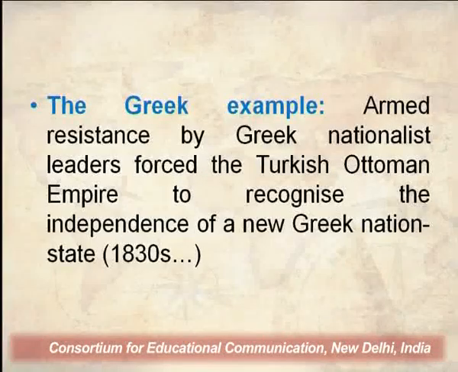And that is exhibited by this Greek example, where the armed resistance by the Greek nationalist leaders forced the Turkish Ottoman Empire to recognize the independence of a new Greek nation state in the first half of the 19th century itself, and that tells you about the power and pressure that could be generated by this ideology.